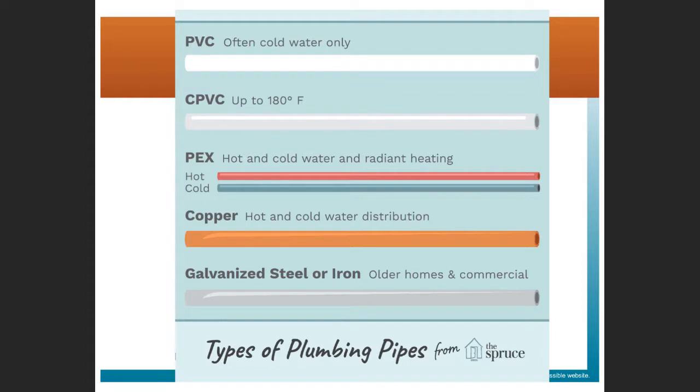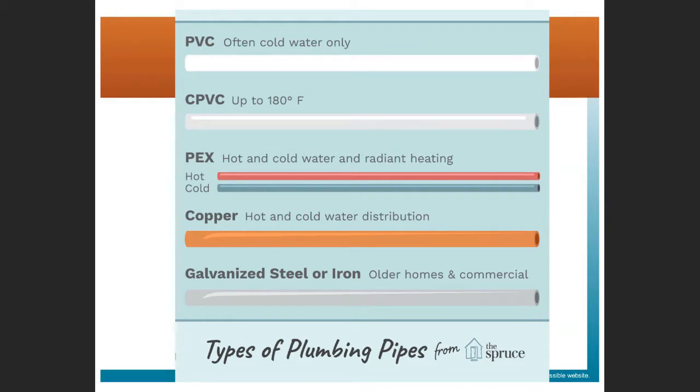Again, a little more detail on that. PVC or polyvinyl chloride is plastic that's for cold water. CPVC is another form of PVC piping that's rated for higher temperatures. PEX, I think PEX is cross-linked polyethylene.